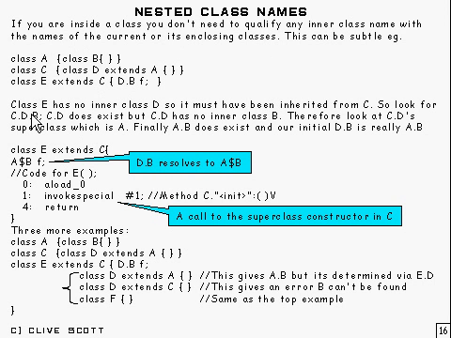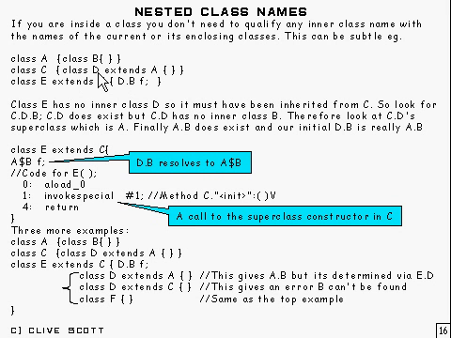Well, for a start, class E hasn't got an inner class D. Okay? Because it hasn't got an inner class D, it means that D must have been inherited from C. So what you've got there really is C.D.B. Now, C.D does indeed exist. It exists there.